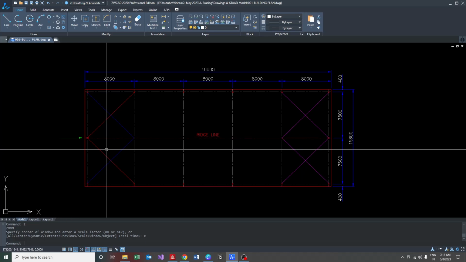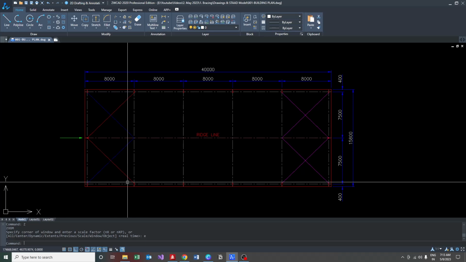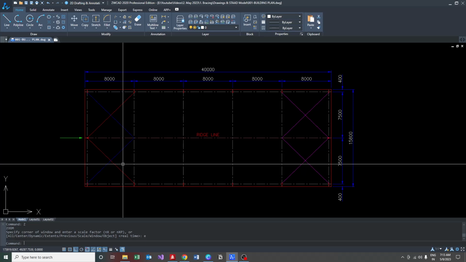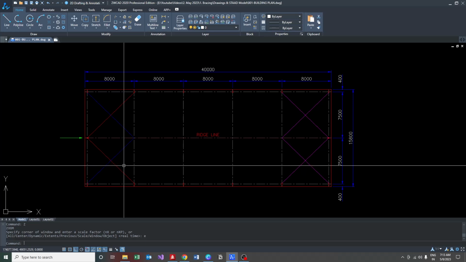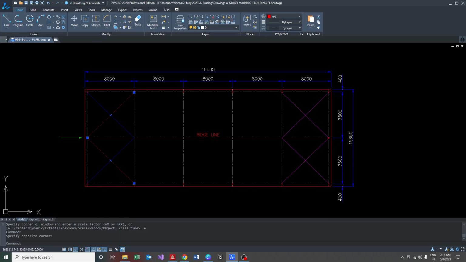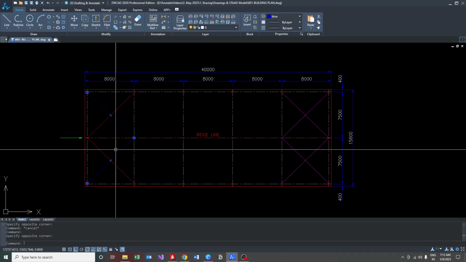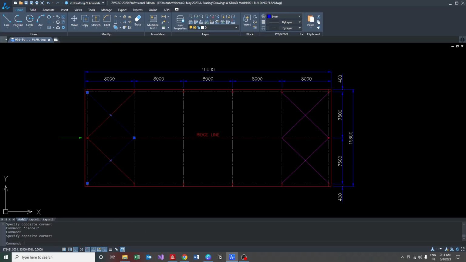How does our bracing behave for that action? Before moving on to that, you should be aware that for the applied load, only one pair of bracing would be active. What does it mean? Either these bracings will be active or these will be active, but not both.